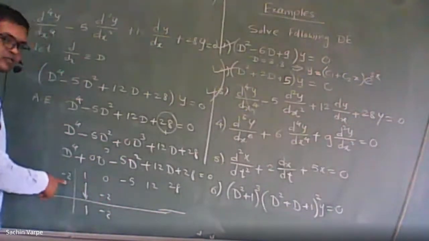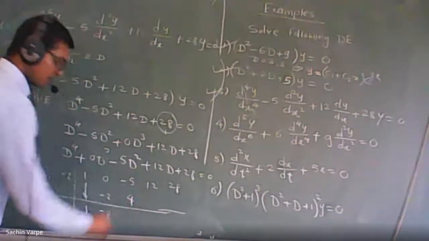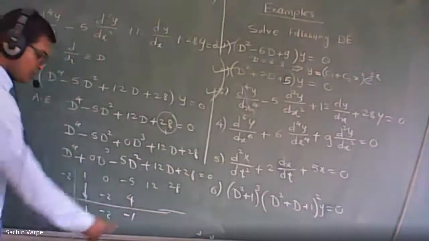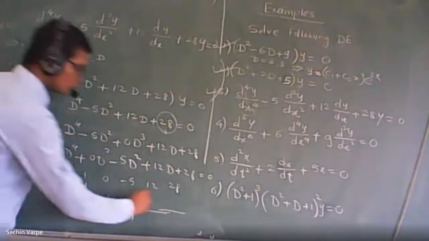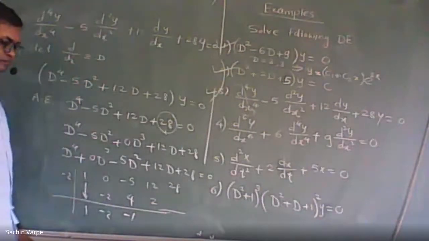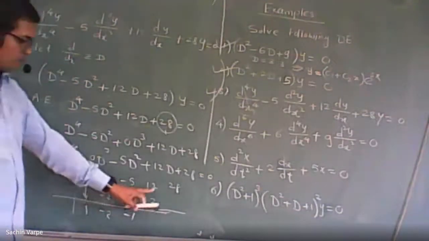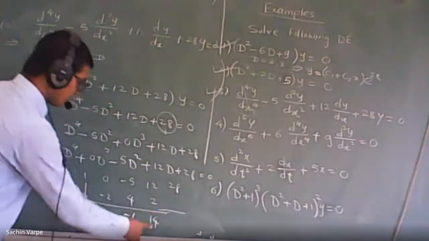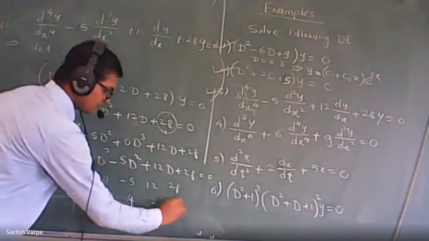Minus 2 into minus 2 is 4. Minus 5 plus 4 is minus 1. Minus 1 into minus 2 is 2. Now 12 plus 2 is 14. 14 into minus 2 is minus 28.